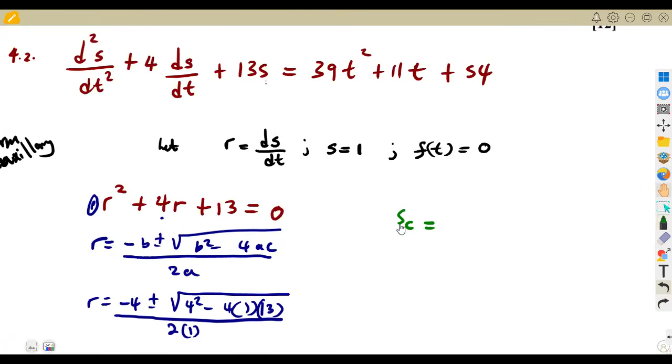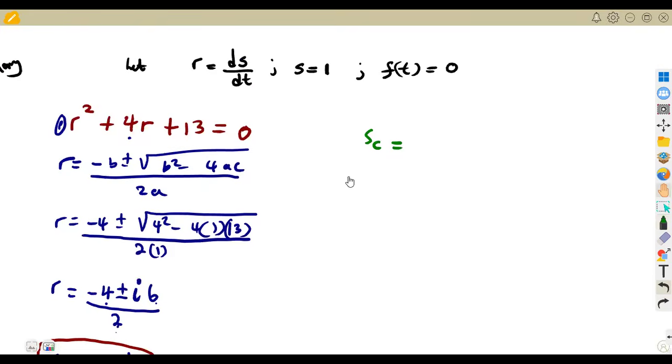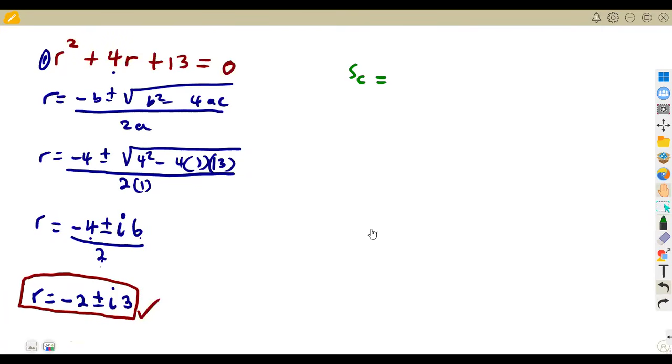SC is going to be, since we saw that these solutions here are complex, given as e to the exponent of Ax, which is from this part of our solution here.